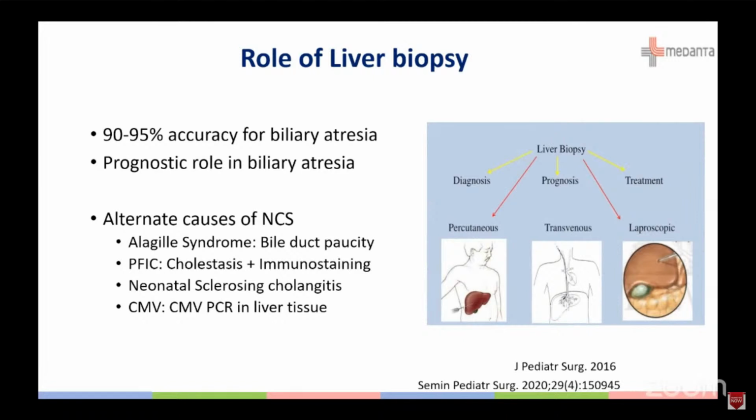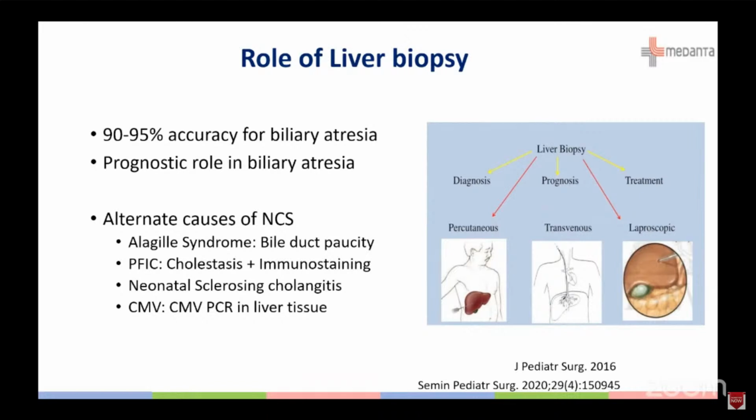If in the liver biopsy we see an advanced fibrotic stage like F4 or F5, then we primarily counsel the parents to be prepared for subsequent liver transplantation, because the bile flow after a Kasai portoenterostomy might not be successful as compared to the cases in which there is low grade fibrosis.